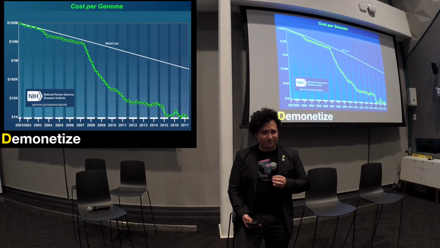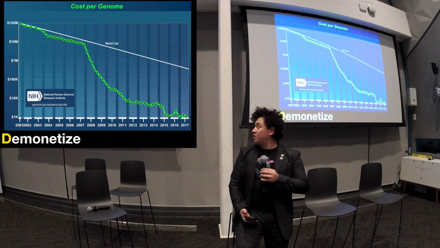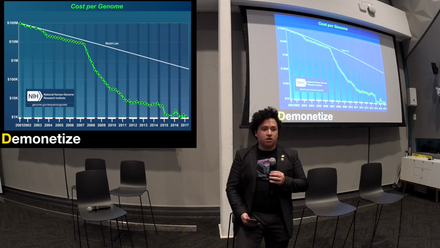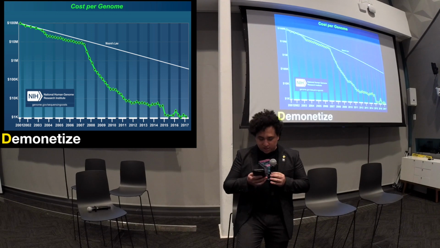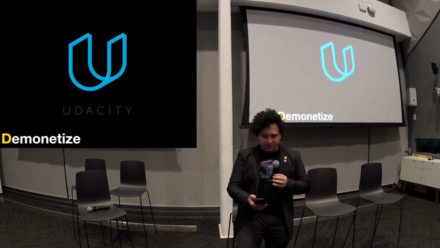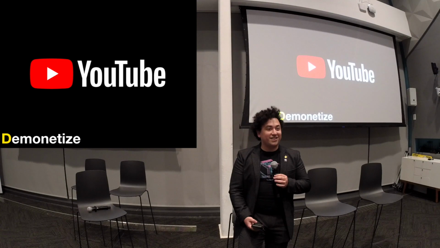Yeah, it's getting there. When it comes to demonetizing life, this is the Human Genome Project and the cost to sequence the genome. We started at about, I think, 100 million, and now we're at about a K per person. College education, things like Udacity, and my favorite, demonetizing YouTube.